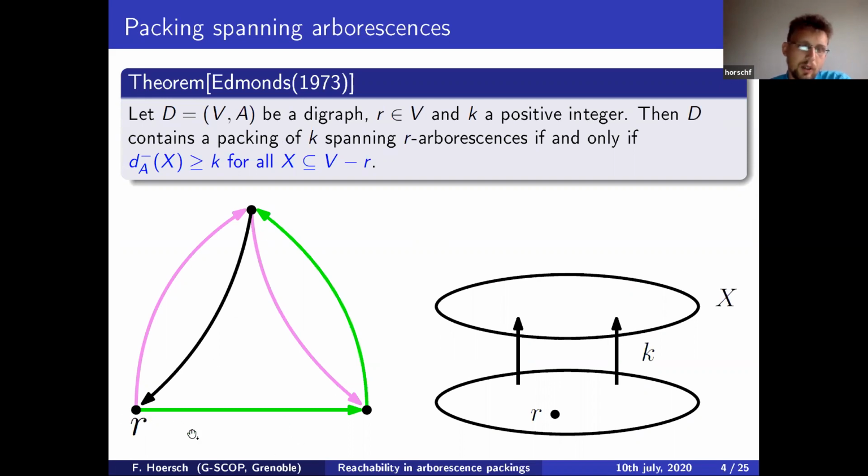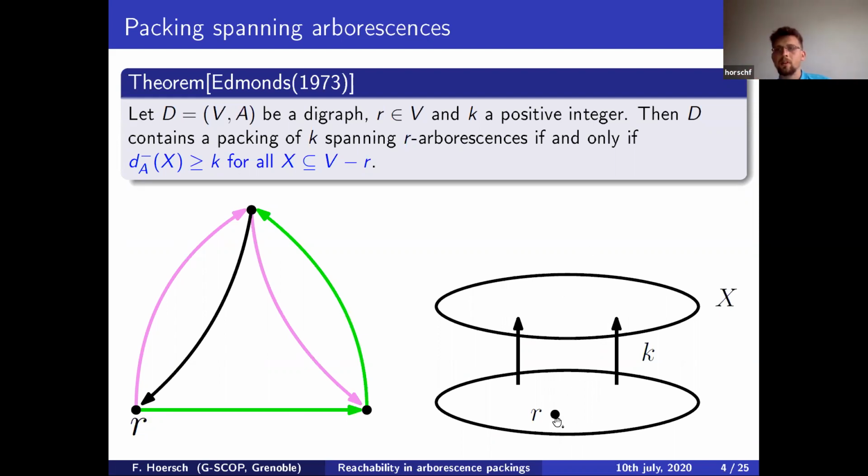So if I look at that here, that is what I want. When I have k equals 2, I have fixed my vertex R. I want 2 arc disjoint arborescences which are spanning, the green one and the violet one. And the condition is that here. I have, for every set X that does not contain R, I need at least 2 arcs coming in.